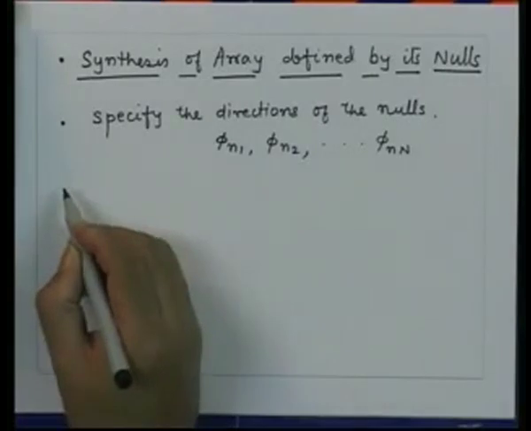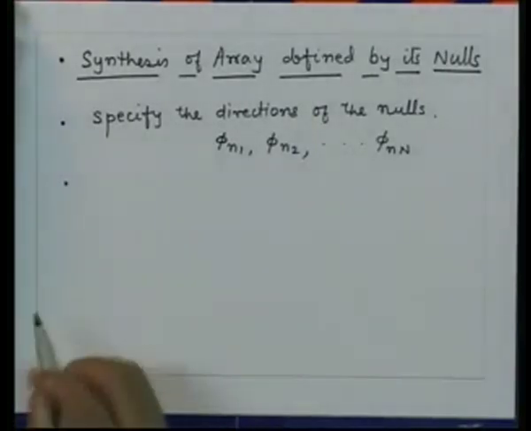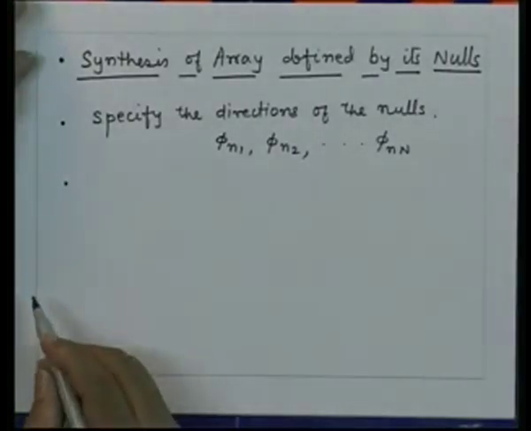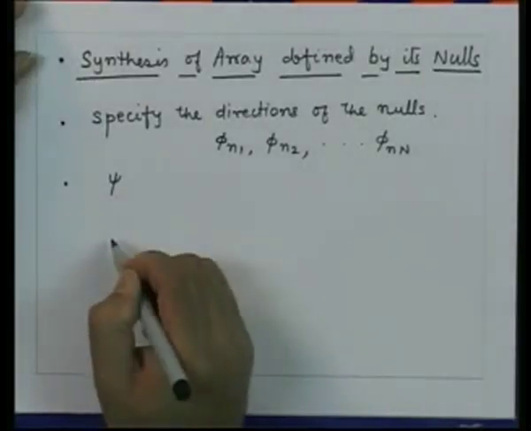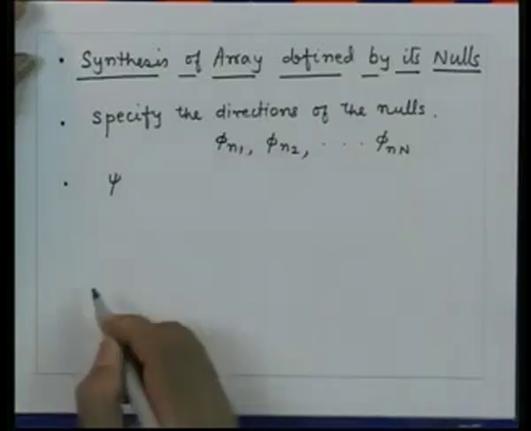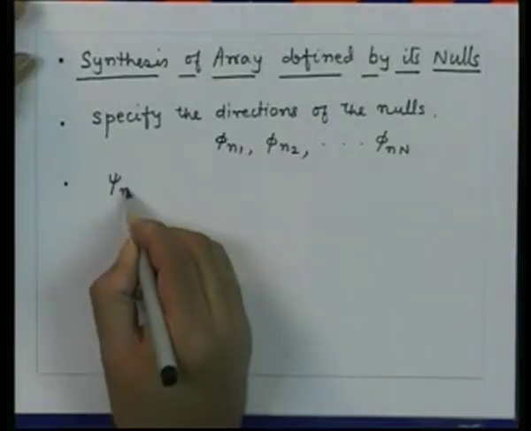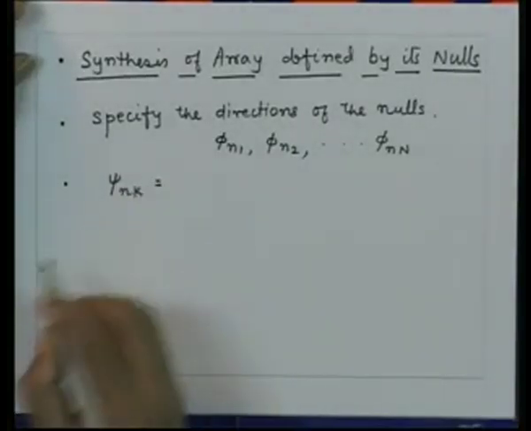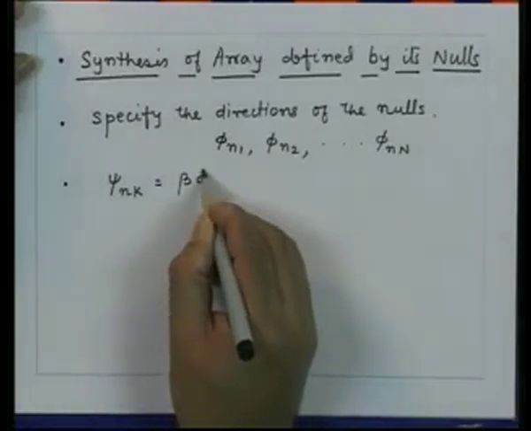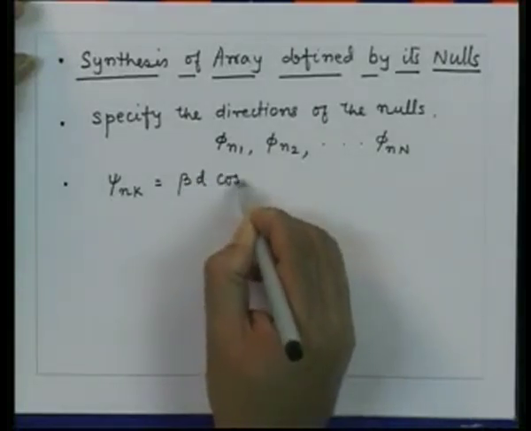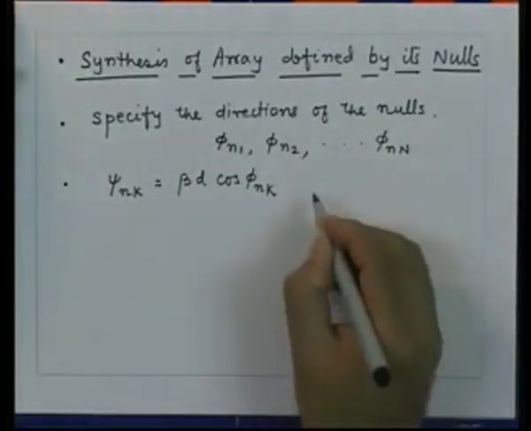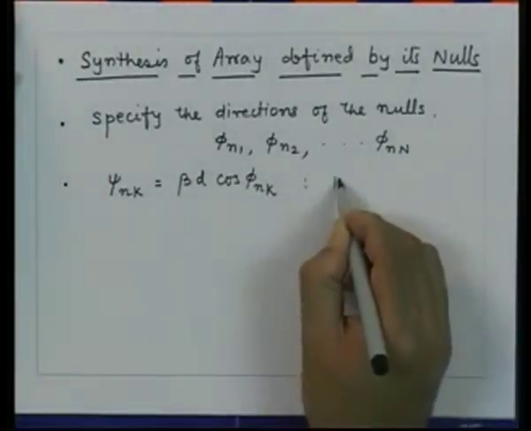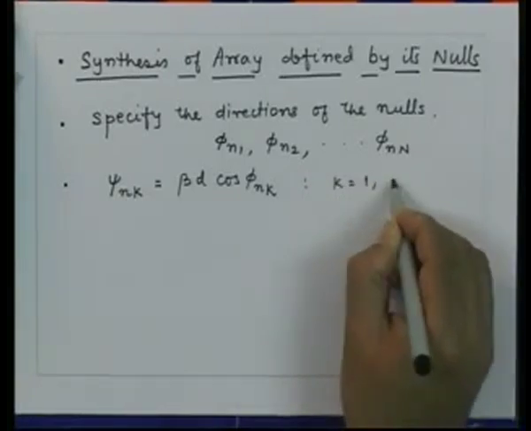Then you find out the corresponding values of psi. So, you have psi corresponding to these nulls. So, psi nk is equal to beta d cosine of phi nk, where k would be equal to 1 to N.